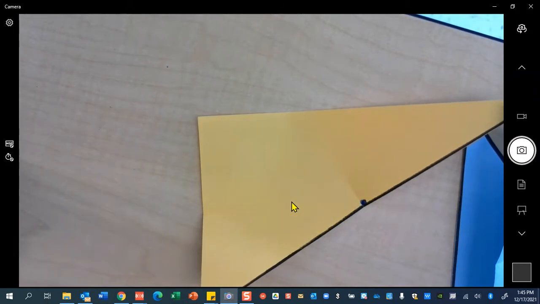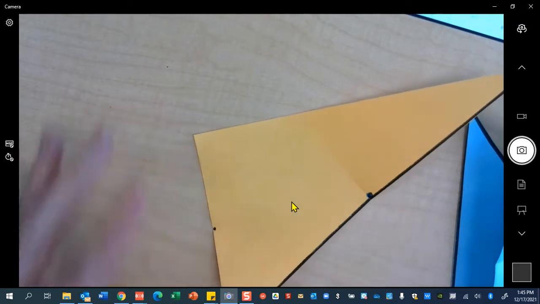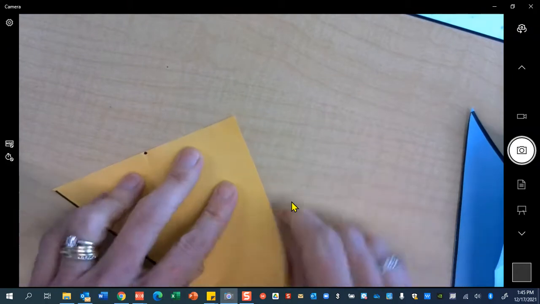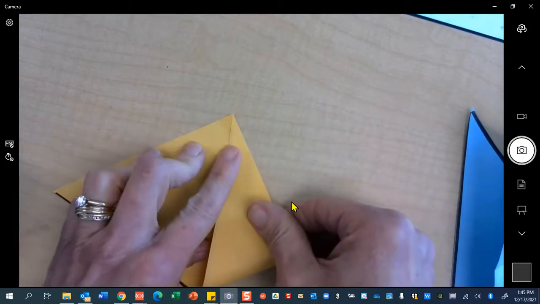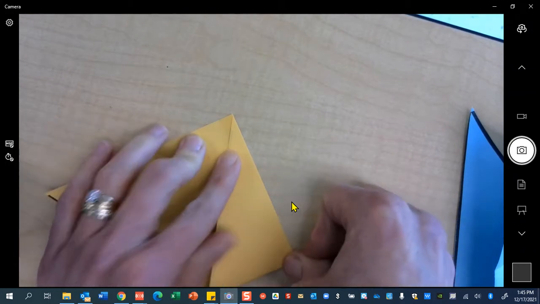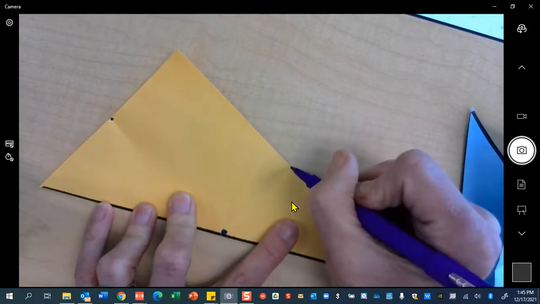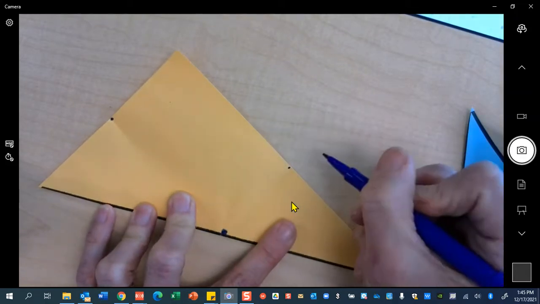Then you're going to take said writing utensil and put a dot on that pinch point. You have one more vertex to vertex, carefully folding along the side and pinching, giving yourself your third pinch point.